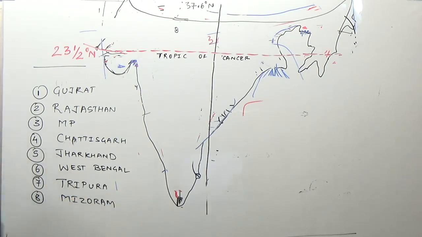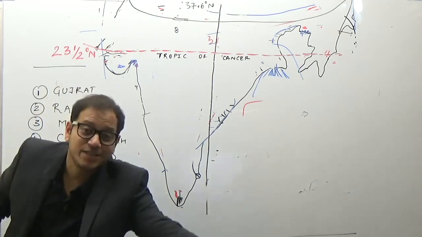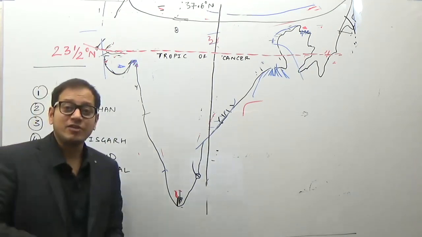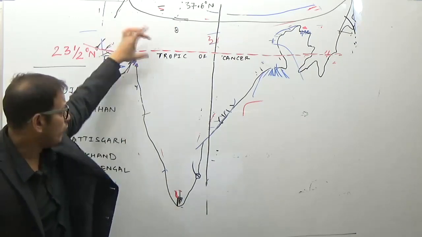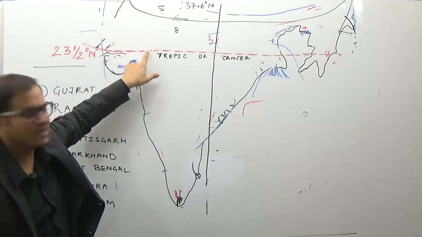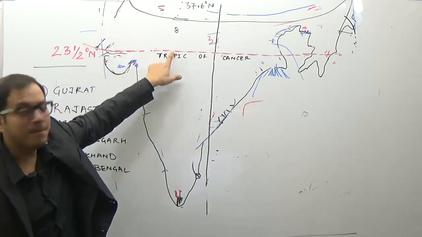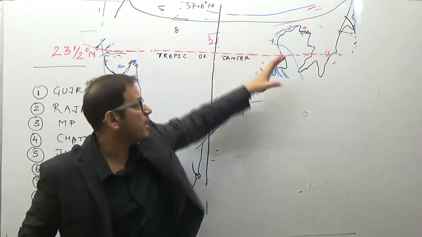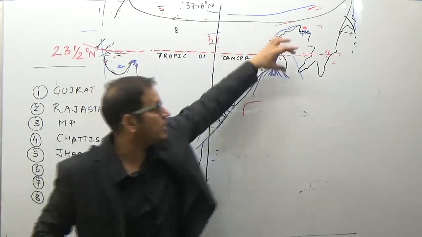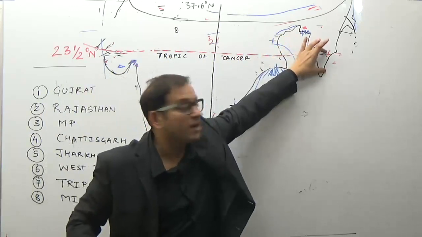So in India, the Tropic of Cancer passes through the states of, revise with me, very simple to remember. What is this state? Gujarat. What is this smaller part? Here you can see there is a smaller part of Rajasthan. After MP, Chhattisgarh, then Jharkhand. After that, this part itself is West Bengal. This part is Tripura and this part is Mizoram.